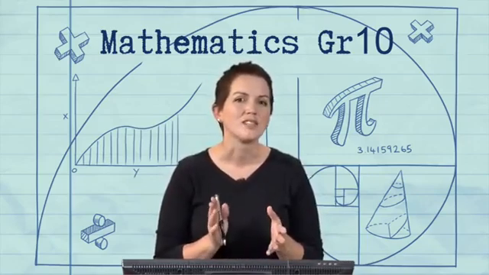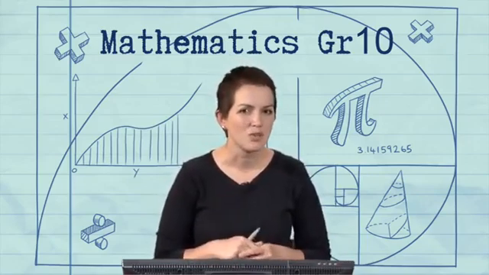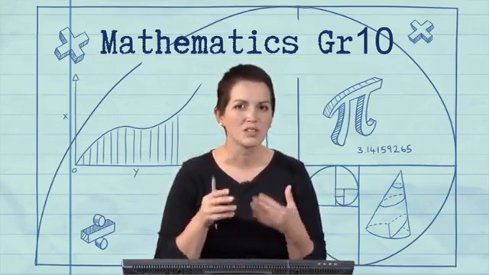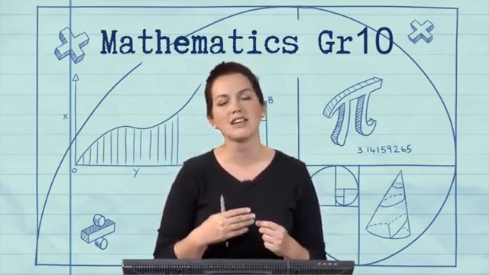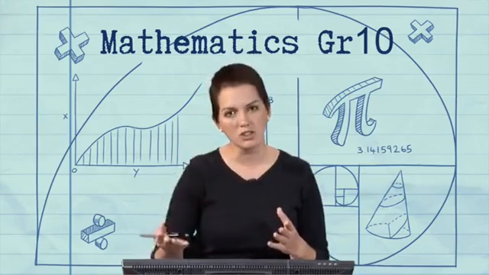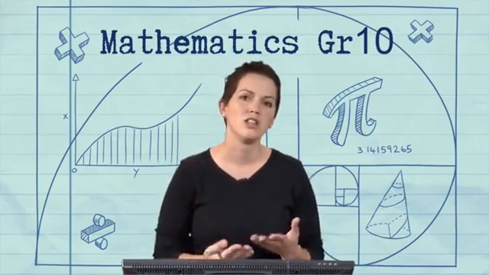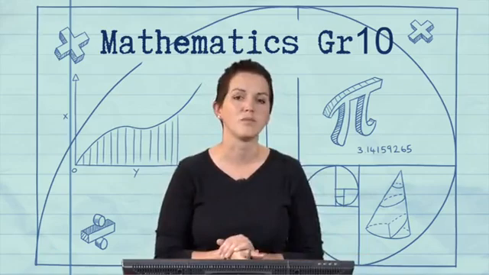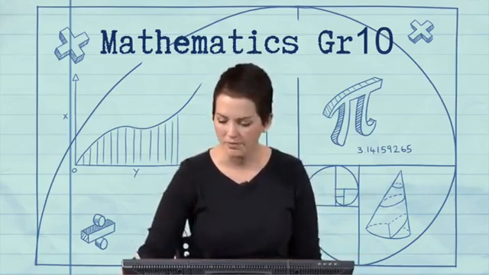How are we going to do that? Do you remember the gradient formula? Well, that's exactly what we're going to use here. We're going to find out what was the total change in students over the total amount of time. Let's do it.